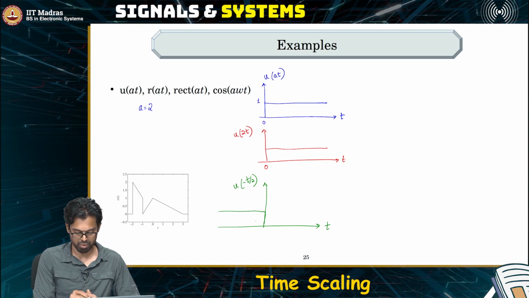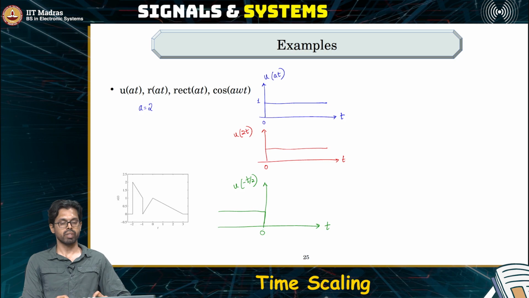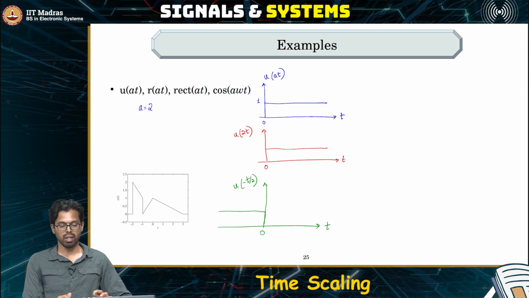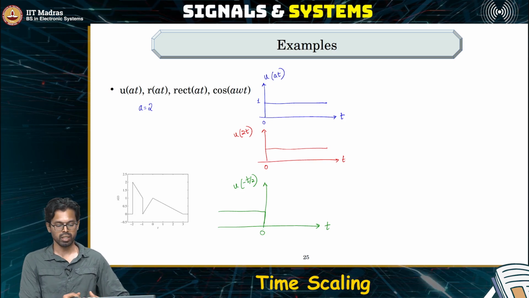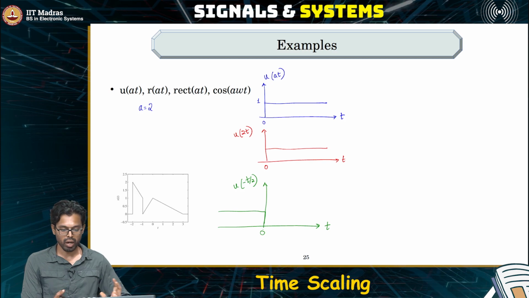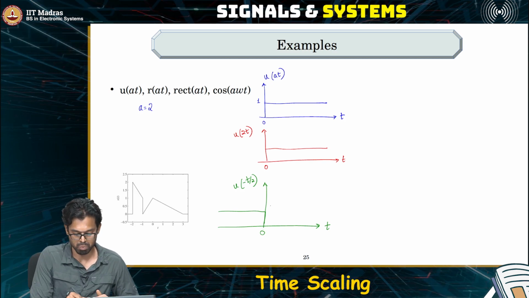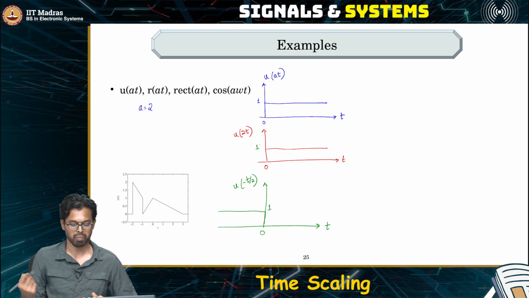And then the magnitude of a is less than 1, which means it will expand. But once again, in this case the signal is going to extend from 0 to minus infinity. So the expansion or compression will not be visible when we plot it, because the signal is anyway extending to minus infinity. In all these cases, the magnitude does not change.